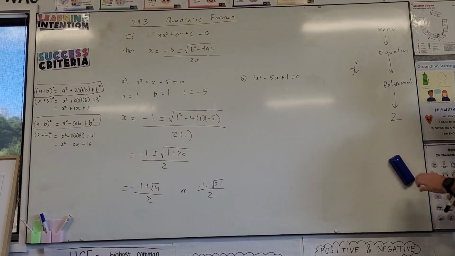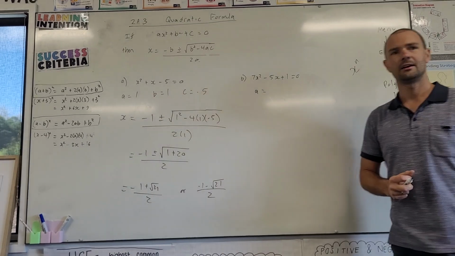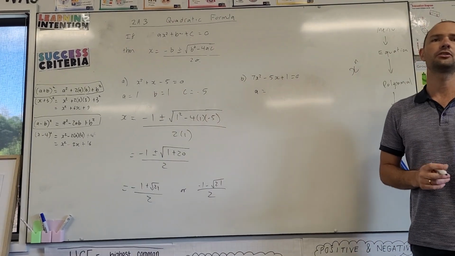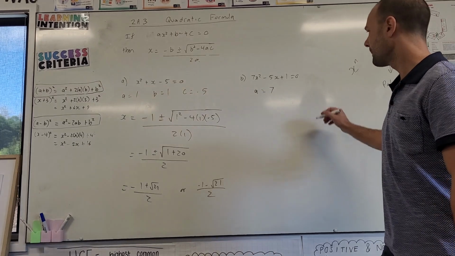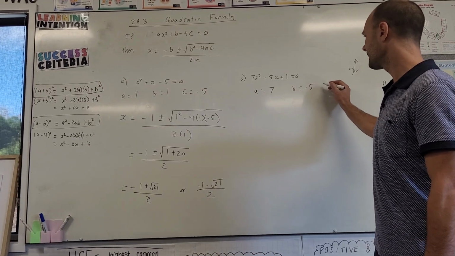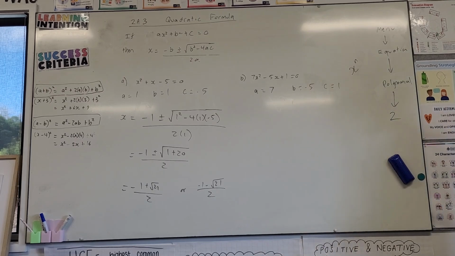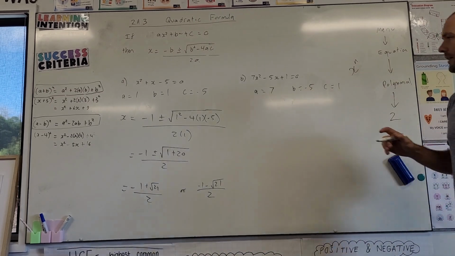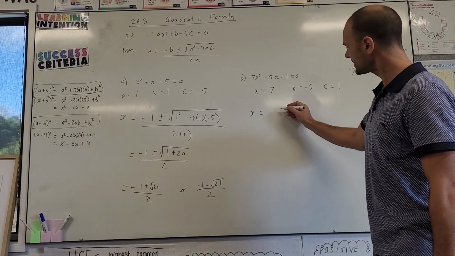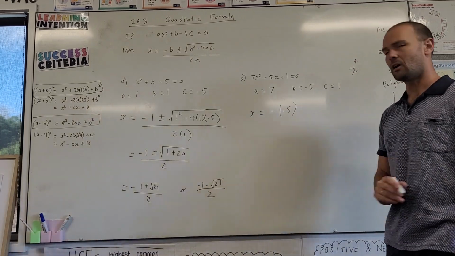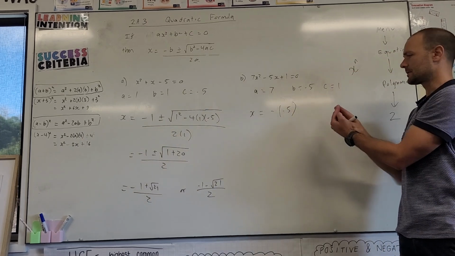So 7x squared, take 5x plus 1. All right, so we don't need our calculators now. We're going to do this one manually. A is positive 7. B is negative 5. C is positive 1. So I identify the values of A, B, C. And then we chuck them straight into our formula. We have minus B. Now I'm going to put B in brackets because it's minus 5.